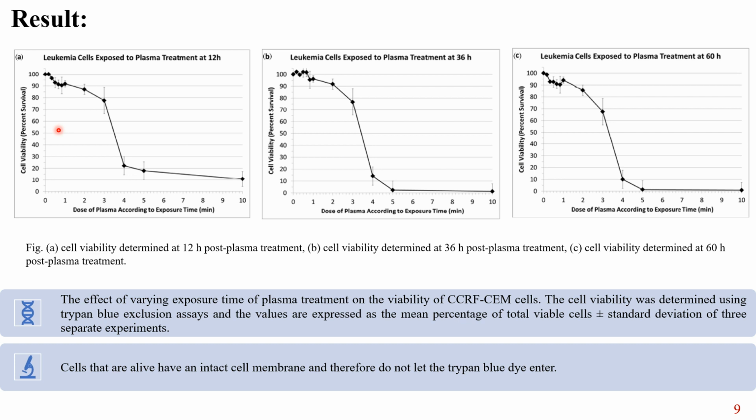You can see that the 10-minute treatment had approximately 95% of the cells viable, and we suggest that if the dose of the plasma is high enough, the effect can be immediate killing of cancer cells, while at lower doses there is no immediate cell killing.